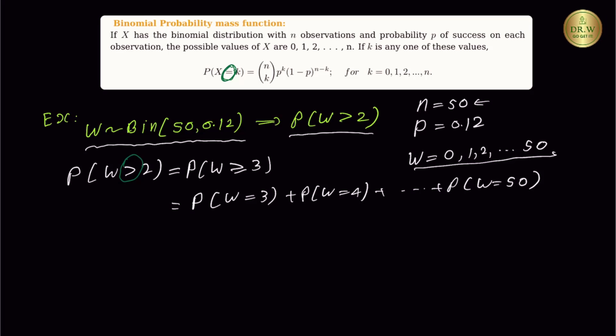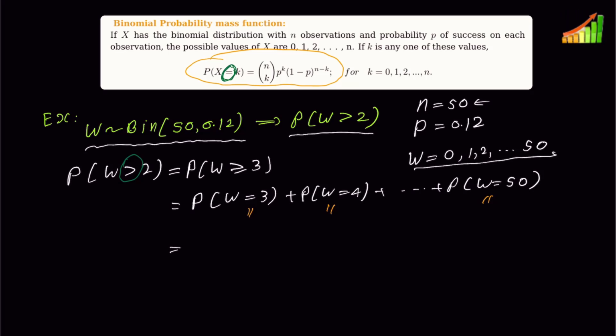But this is hard to simplify one by one. Why? We have to apply this mass function formula for each of these, for W equal 3, W equal 4, and so on until you get W equal 50. Therefore, we should use the easy way to find the probability.